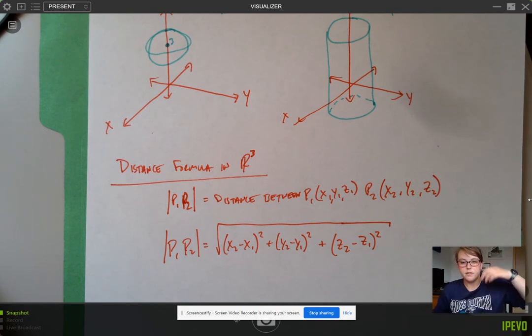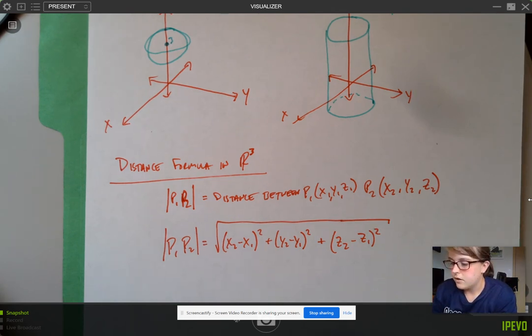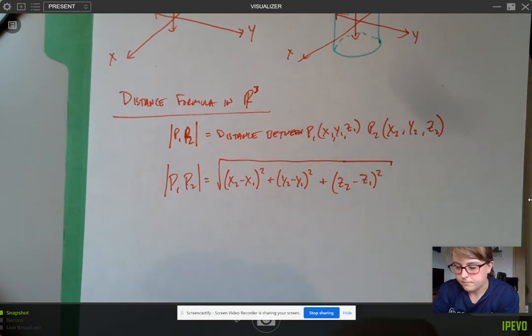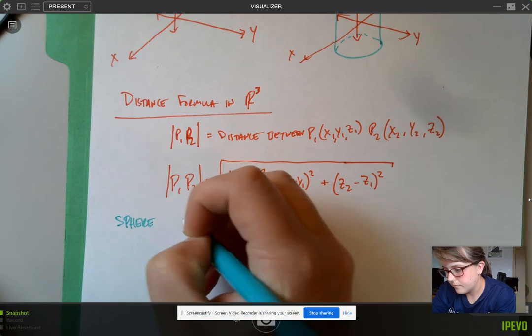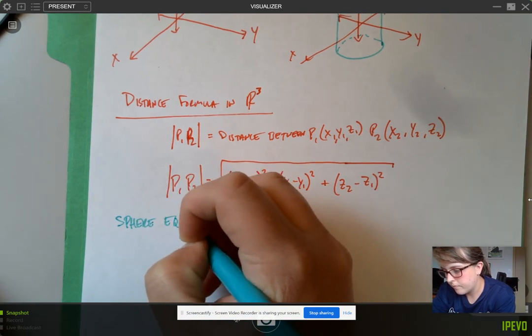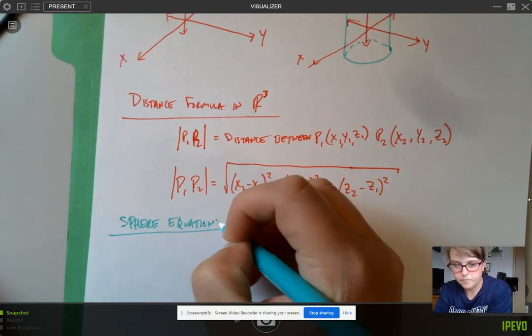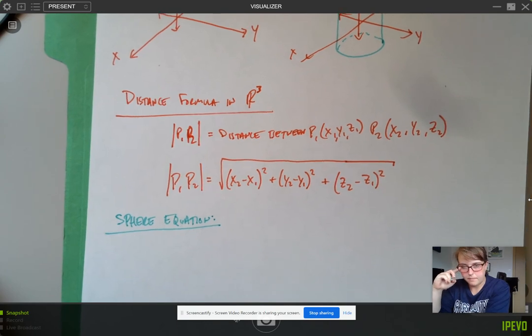Okay, the last thing that we need to talk about for today is the sphere equation. Because now that we're in three-dimensional space, we can start plotting three-dimensional objects and things like that, including things like spheres. So here we go. Okay.